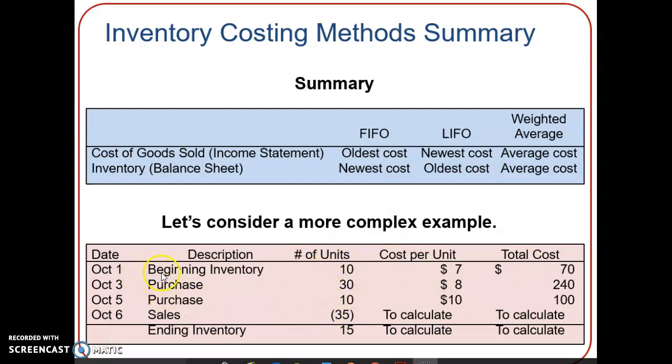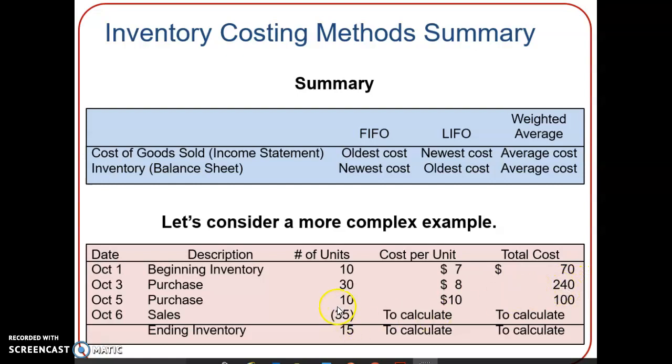So the beginning inventory on October 1st, we have 10 units at $7 each, so the total cost is $70. For the purchase we made on the 3rd, we purchased 30 units, each at $8, so the total is $240.